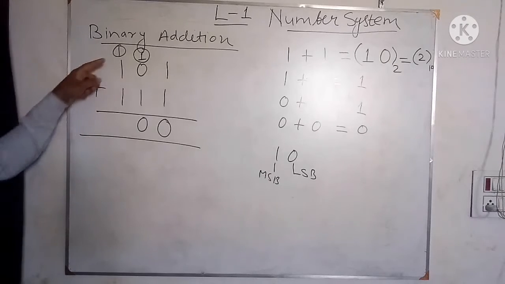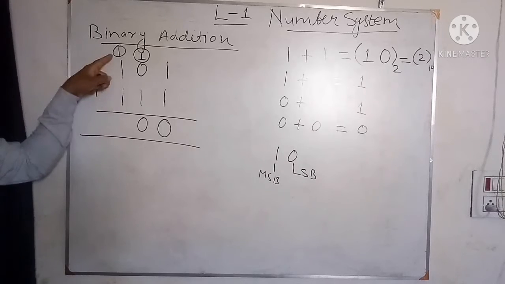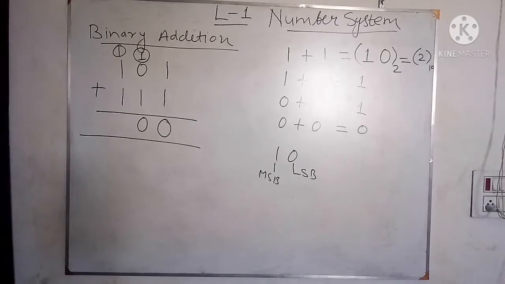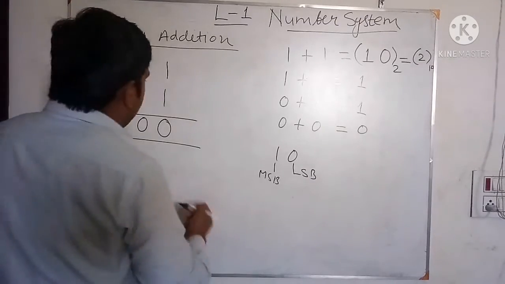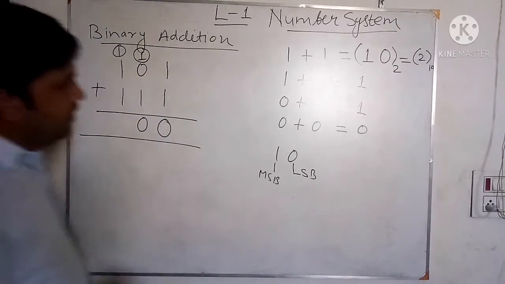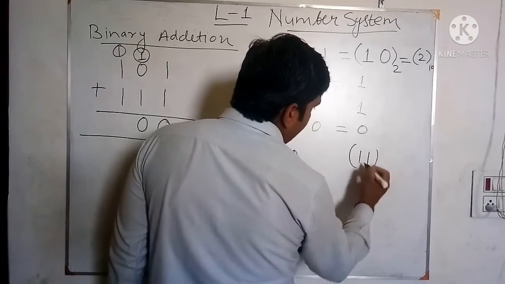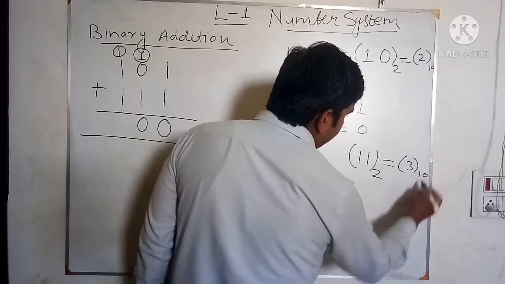Here 1 plus 1 gives you 10, meaning 1 plus 1 gives 2, and 2 plus 1 gives 3. So here you got 3. In binary, 3 is written as 11. The decimal equivalent of binary 11 is 3.